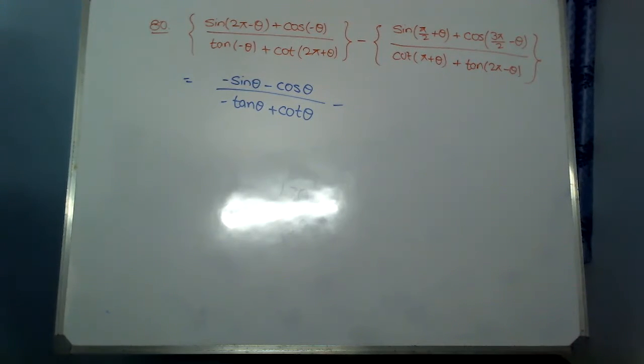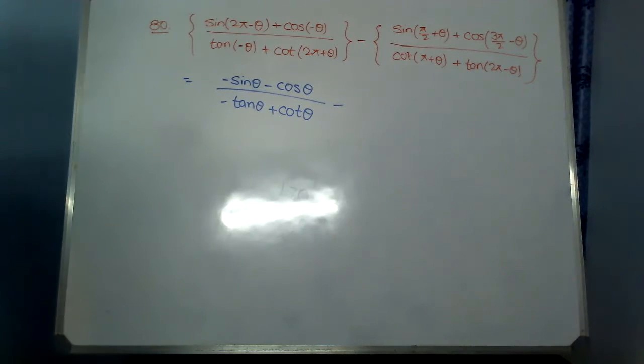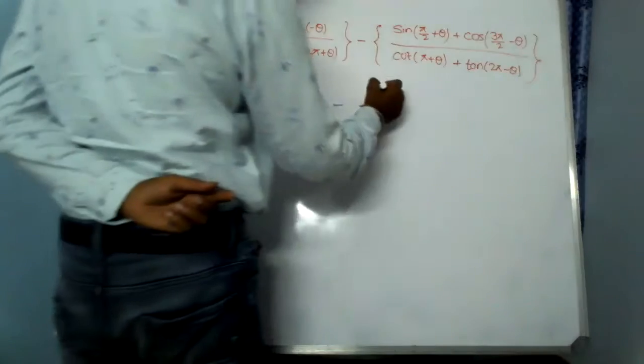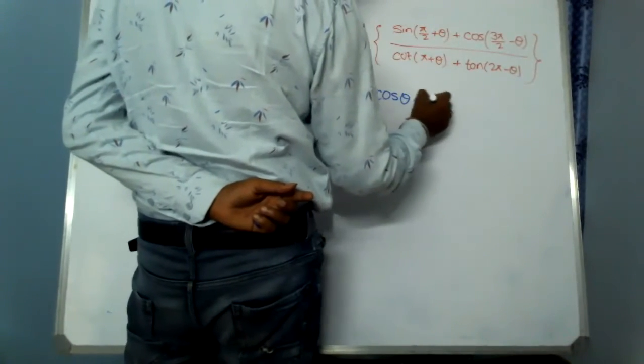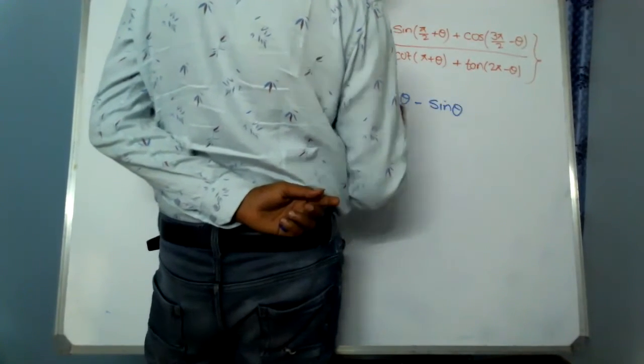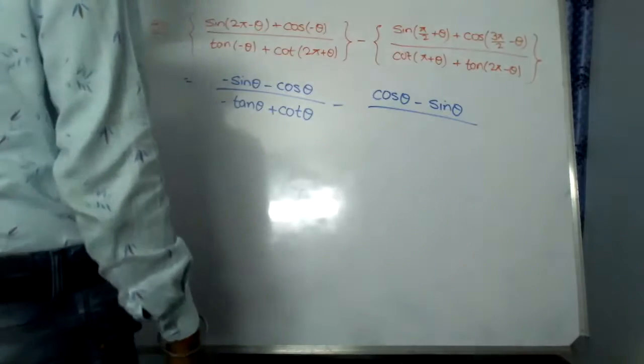So what do I get in the top there is cos theta plus, and cos that will give me minus sine theta. Okay, so here I can write it as cos theta and this will be minus sine theta. Now it comes cot of pi plus theta.